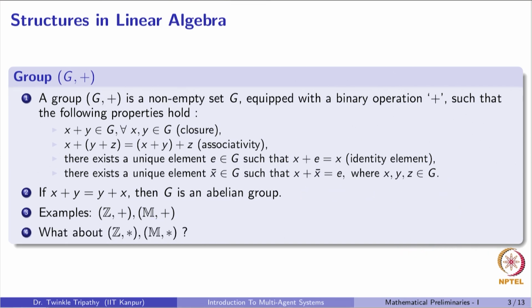And there are similarly some more questions which you can try, which is what happens when we change now the addition operation to a multiplication operation? Does the set of integers along with multiplication still remain a group? Similarly for the set of matrices. Please try to solve these for yourself.